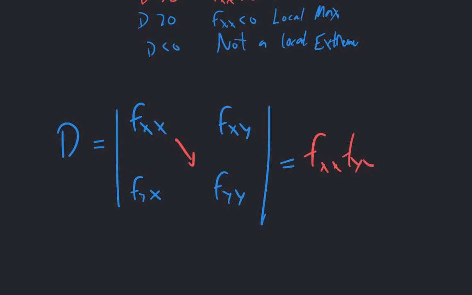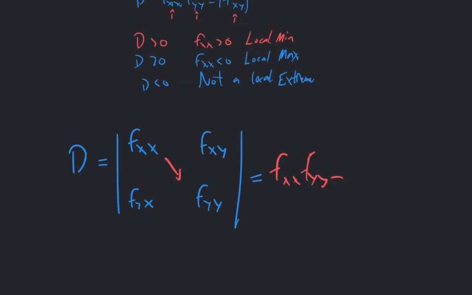fxx fyy minus, and because it doesn't matter how you differentiate, the order doesn't really matter, fxy is equal to fyx basically.